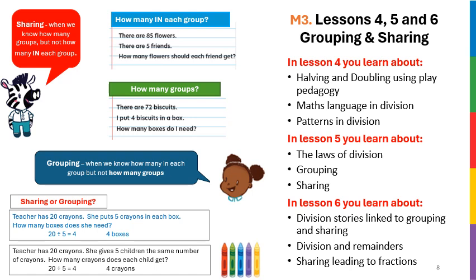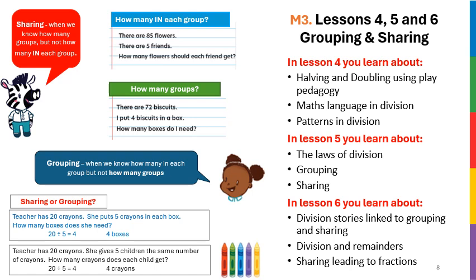I purposefully made many aspects the same so that it wouldn't be easy to just discern which is which. So let me read the question in blue. Teacher has 20 crayons.